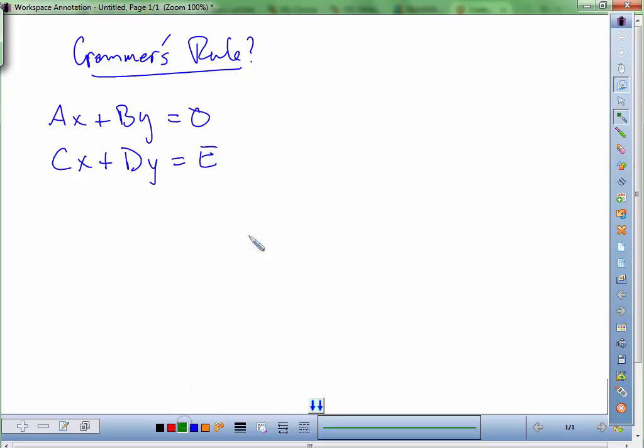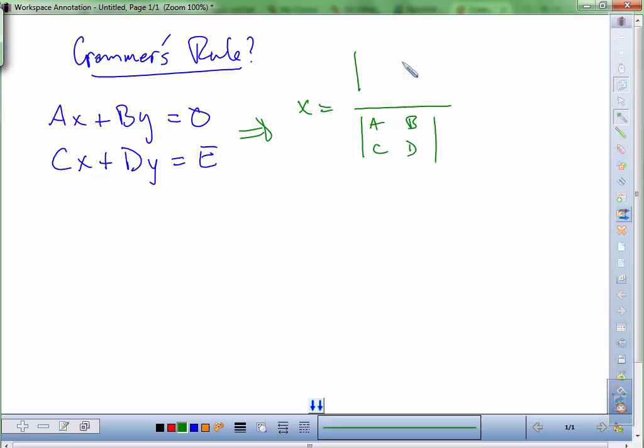the solution to this is X is going to be the determinant of the A, B, C, D matrix divided by, that's in the bottom. And then the top matrix would be the X column over here, the AC column, being replaced with this.